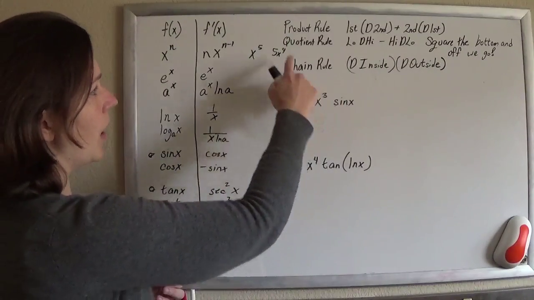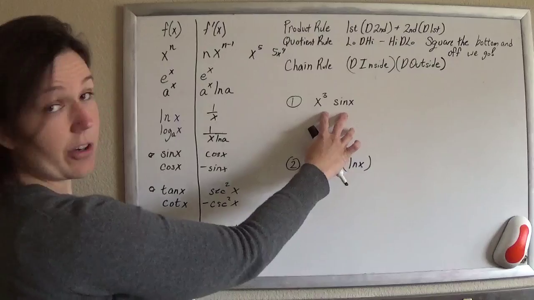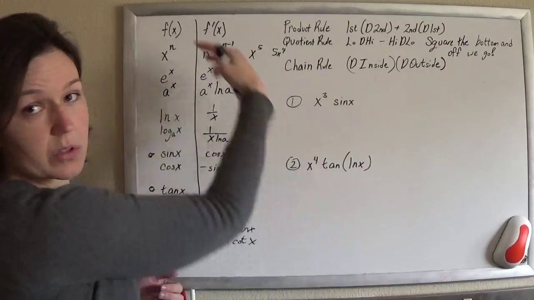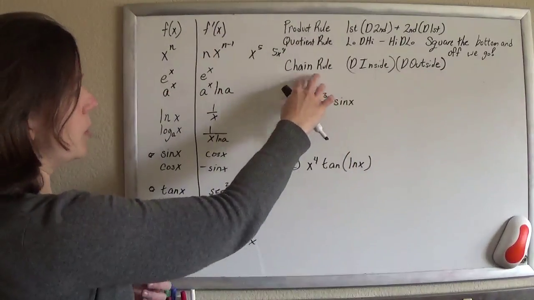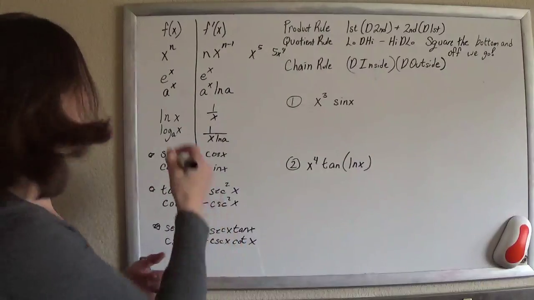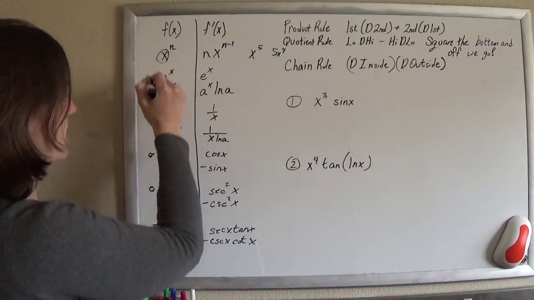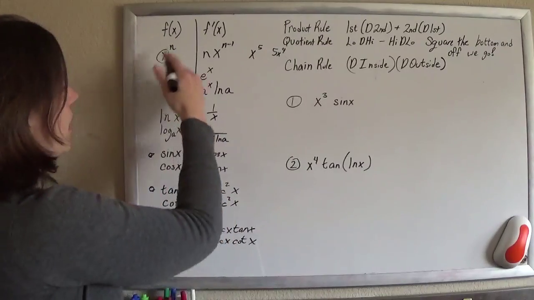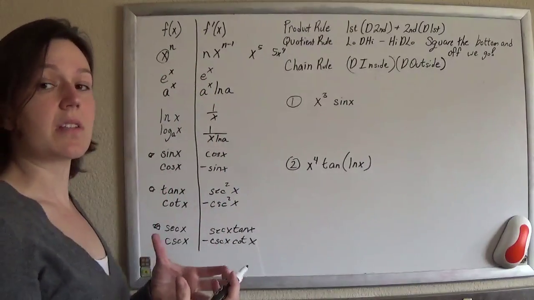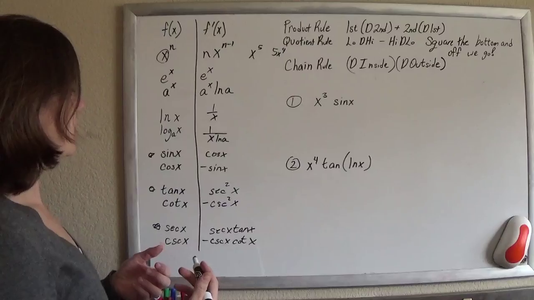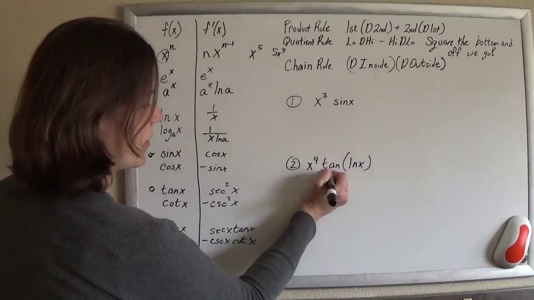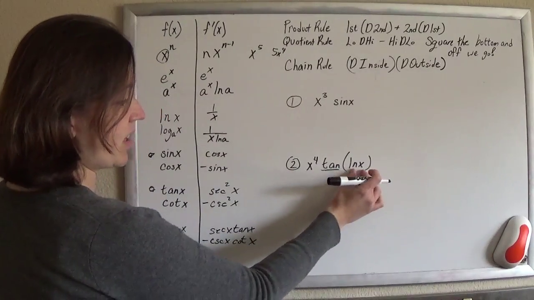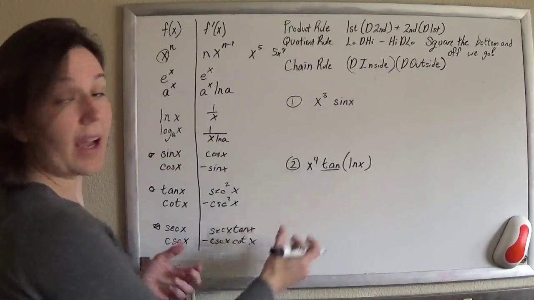So we can multiply functions together. We could divide some of these functions. We could put functions inside of functions. Like if any of these x's were instead of an x, it was sine x. That would be your chain rule, compositions of functions, functions within other functions. Like this thing here that I have lined up, I have the tangent not just of an x, but the tangent of ln of x.